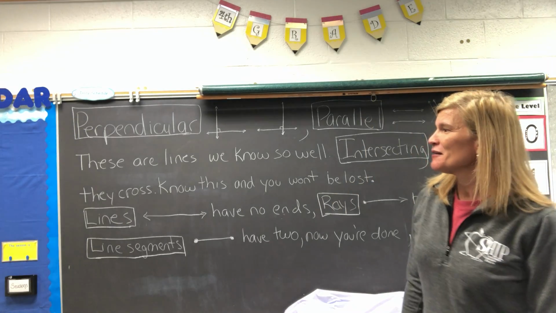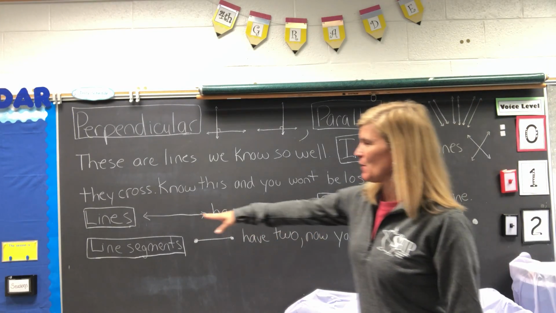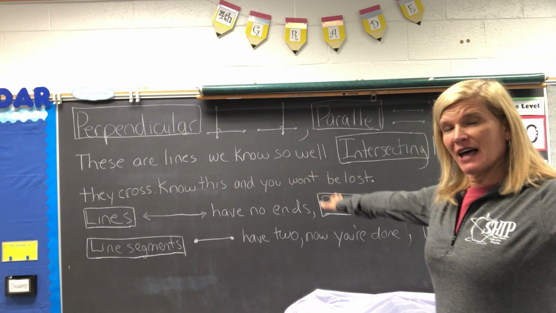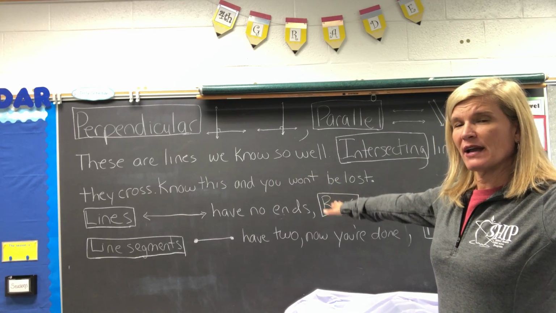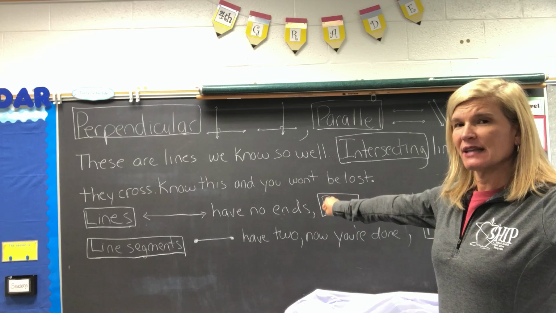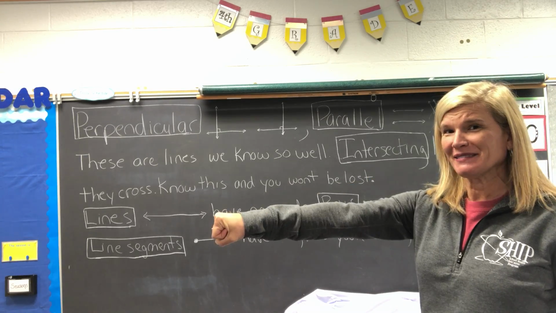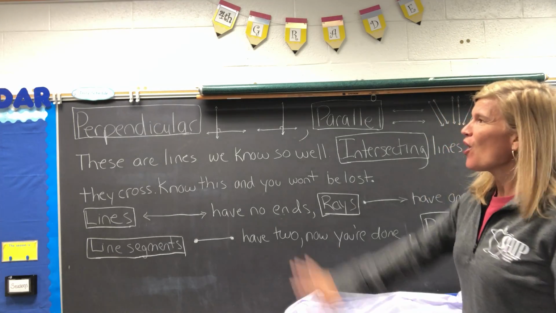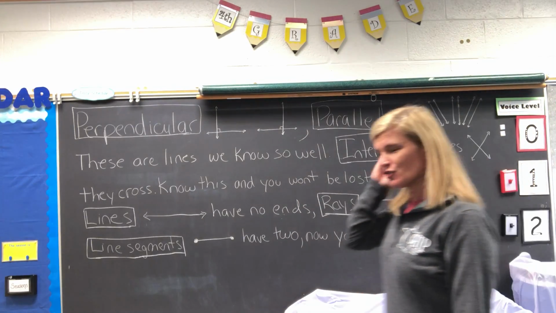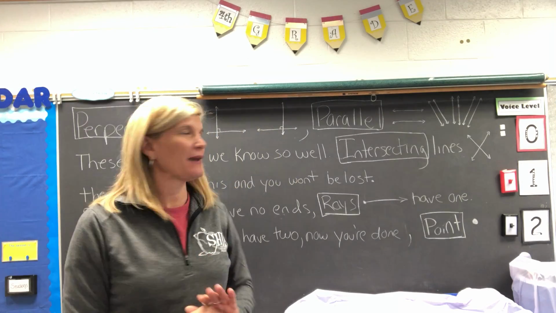All right? So all together with the lines part, it's lines have no ends, rays have one, line segments have two. Now you're done. Point. Okay? So all together, let's see if you can do it all with me.